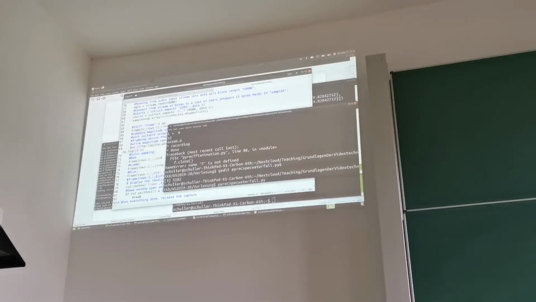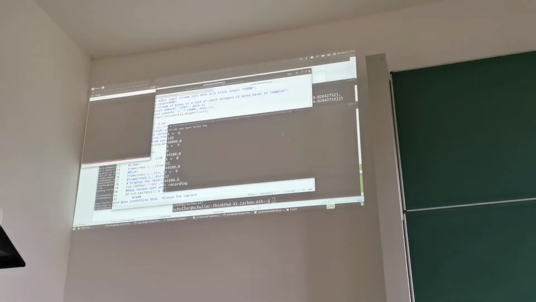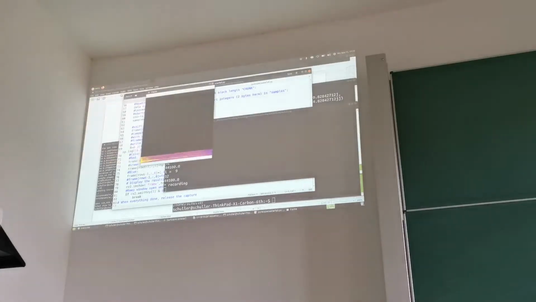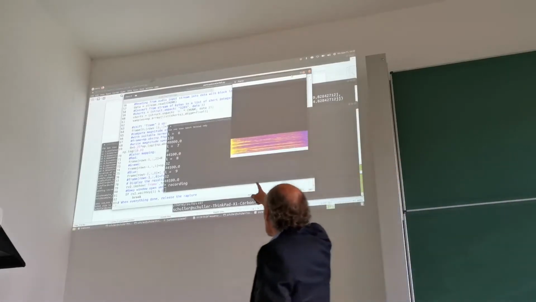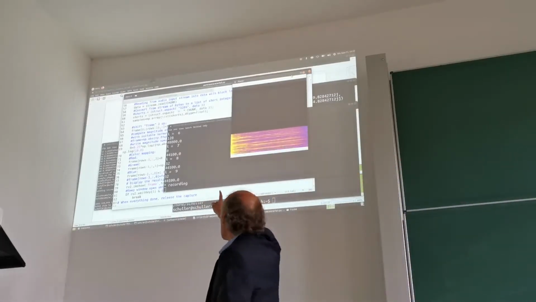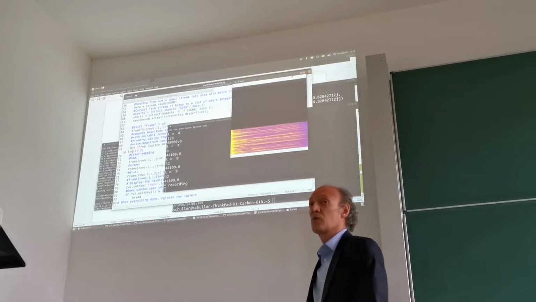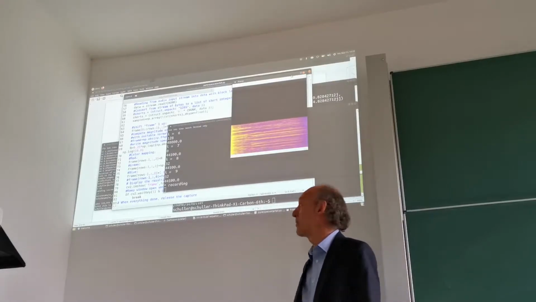Okay, let me try Python. Okay, here you go. Now you can see the result. On the left-hand side, you have the lowest frequencies. On the right-hand side, you have k equals 512, the Nyquist frequency.